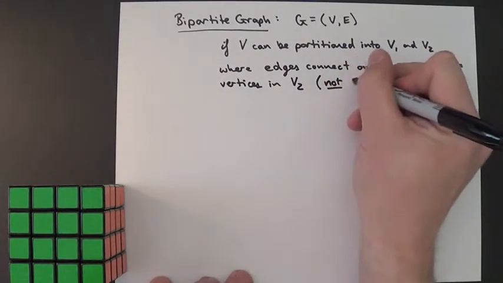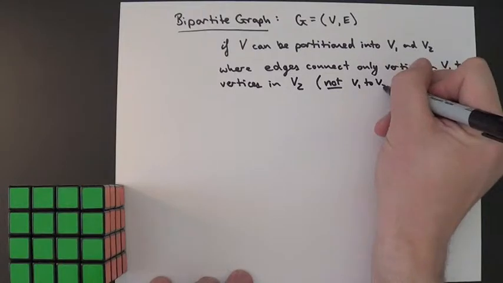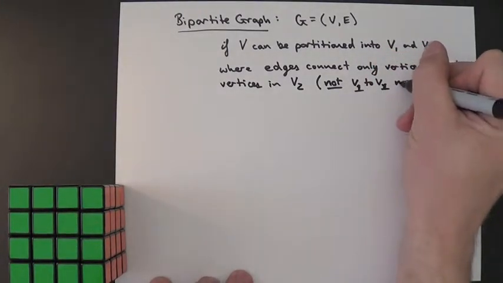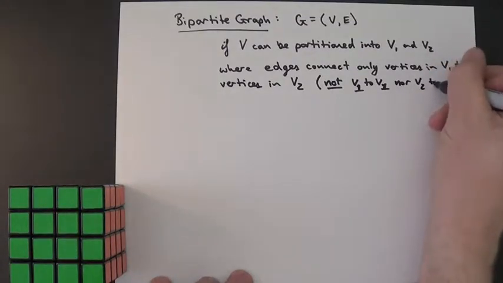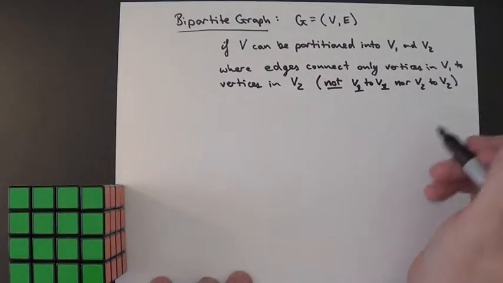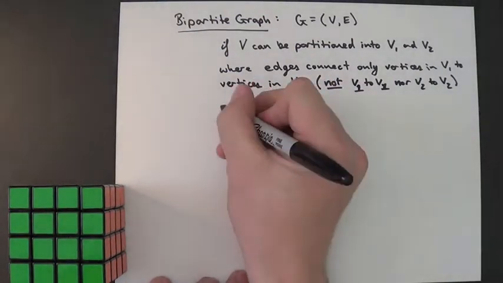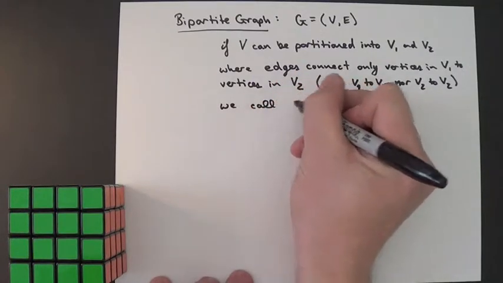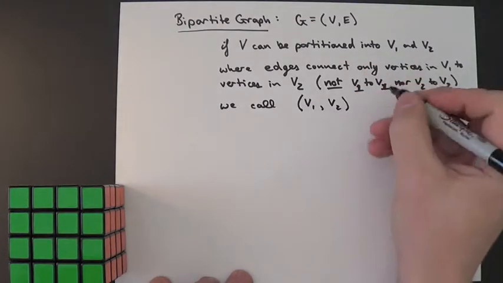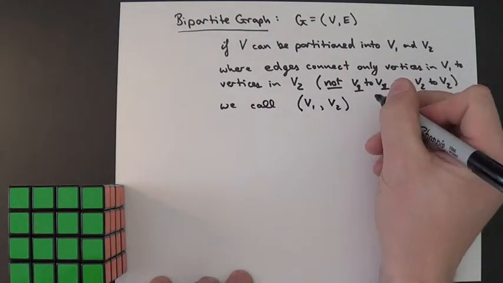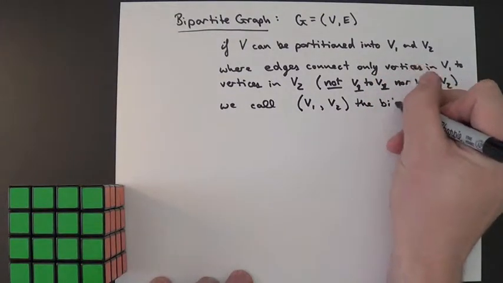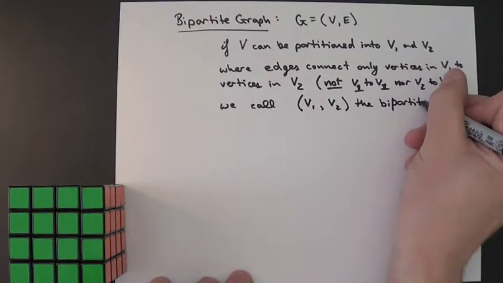Not V1 to V1, nor V2 to V2. Only between V1 and V2. We call the ordered pair V1, V2 the bipartition of V of G. Bipartition.